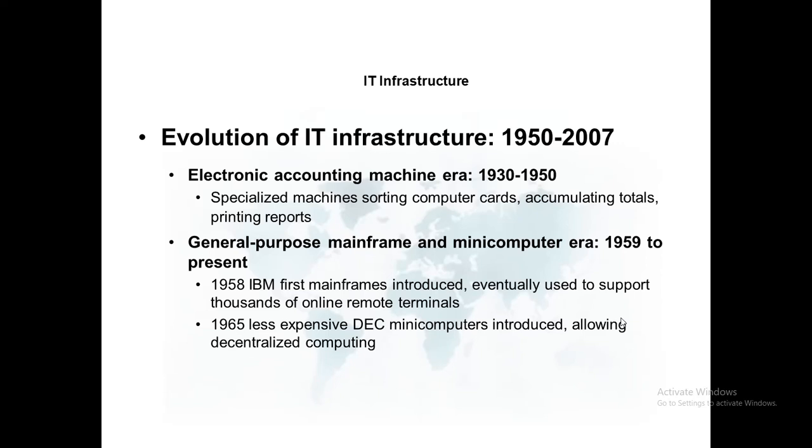When we talk about mainframe computers, just like you saw in your computer literacy, these are server machines, very big in size. Then with the minis, they are quite small, quite less expensive, and they are deployed by organizations mostly in the current age.